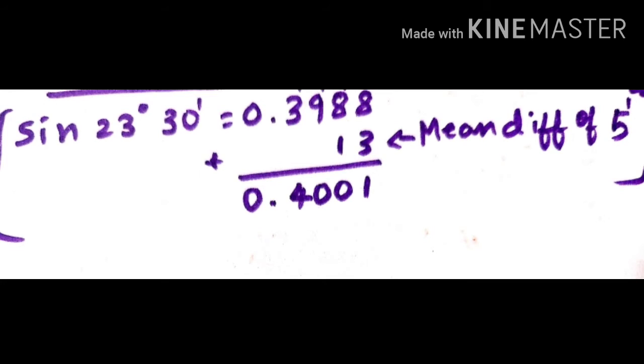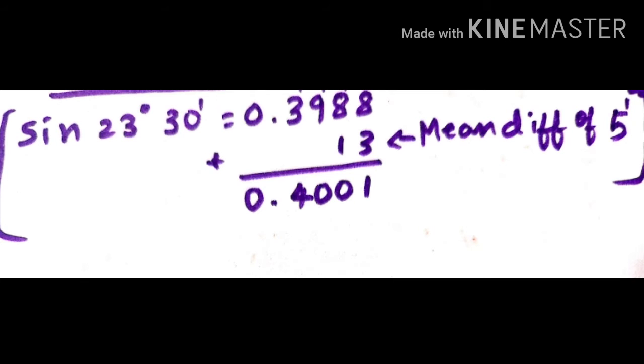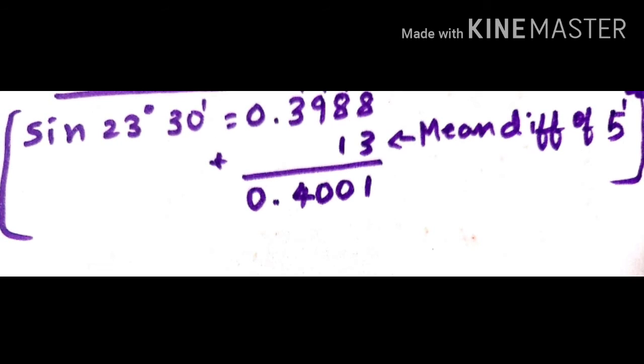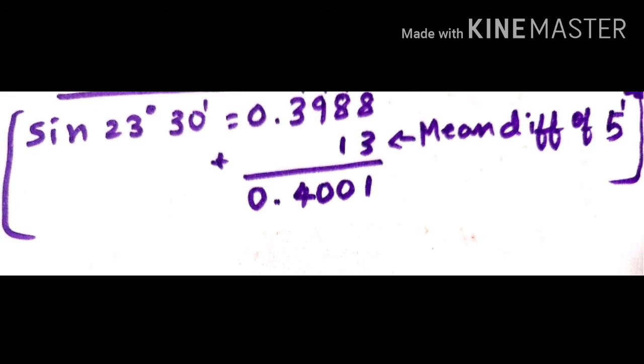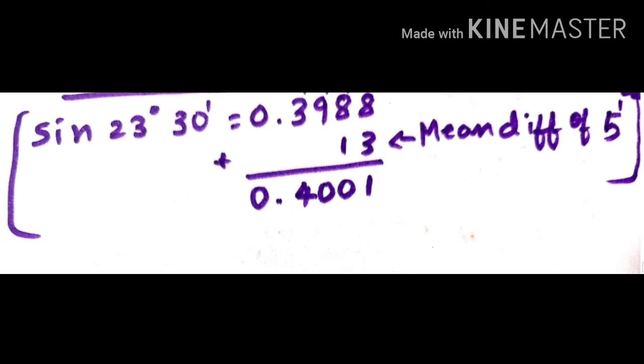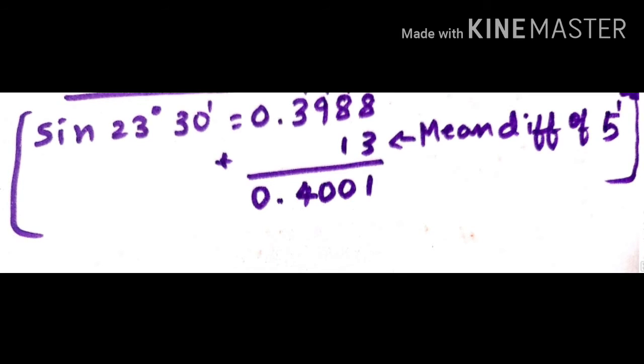For that, first of all, we have to open our natural sine table. In that, we have to see sine 23 degree 30 minute in the 23 degree horizontal line, and in the 30 minute column you will get, up to 4 places, 0.3988 after rounding off. Now you want the value of 23 degree and 35 minutes, so we need the difference of 5 minutes.